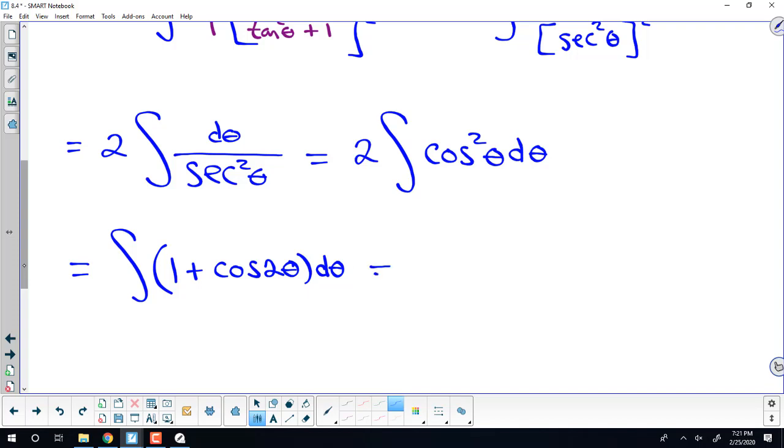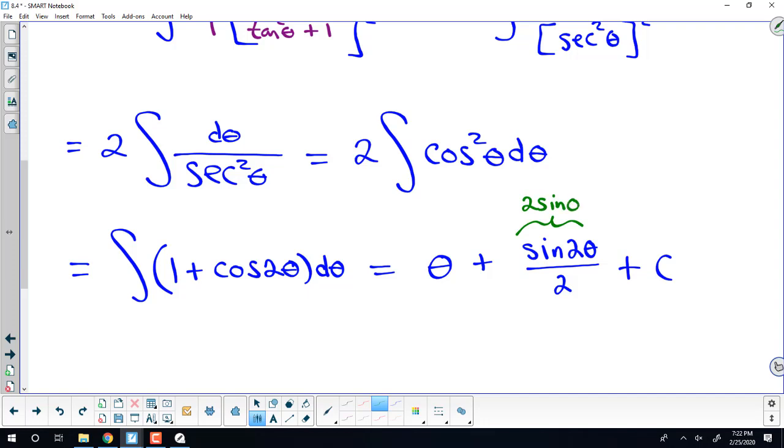Okay, so we get theta plus sine 2 theta over 2 plus our constant. And again, we see that sine 2 theta, we don't want that. Our triangle is in terms of theta, so we want everything in terms of 1 theta. So we're going to rewrite sine of 2 theta as 2 sine theta cosine theta.